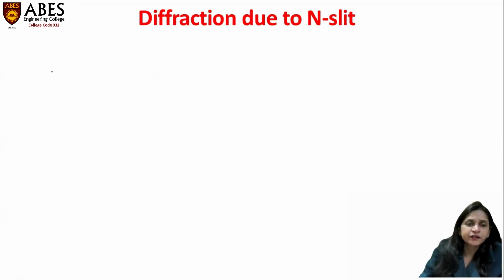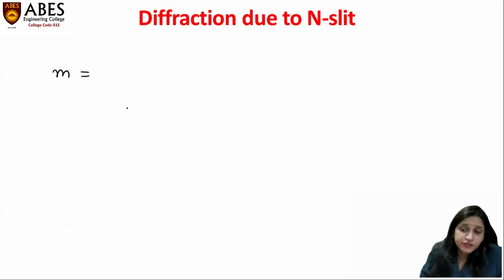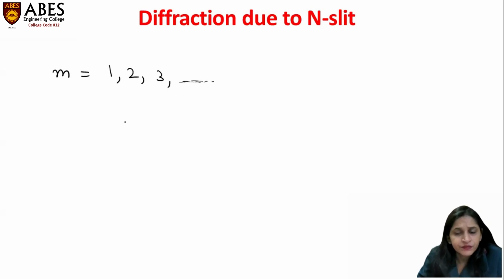Now let us calculate the values of m. As we know, in the case of principal maximas the value of n was 0, 1, 2, 3. Here also we can get the values of m. So what will be the values of m? 1, 2, 3. Can the value of m be 0? No, because if m is 0, then sine beta will again be 0 and that will give the position of principal maxima.